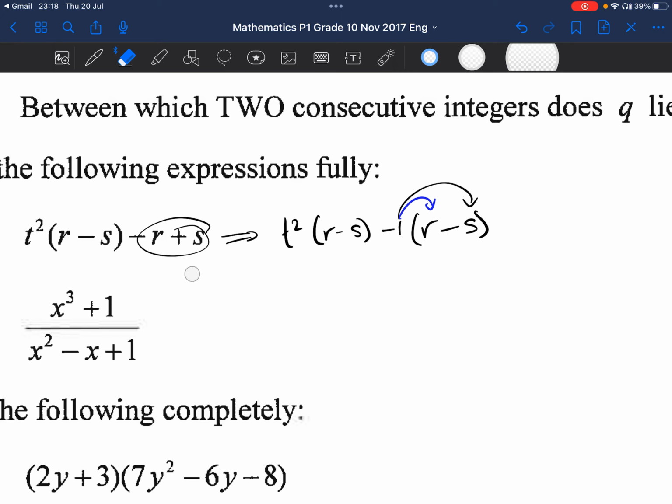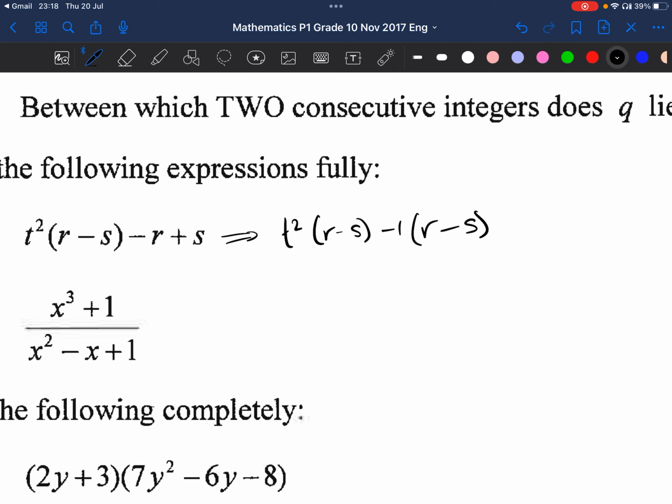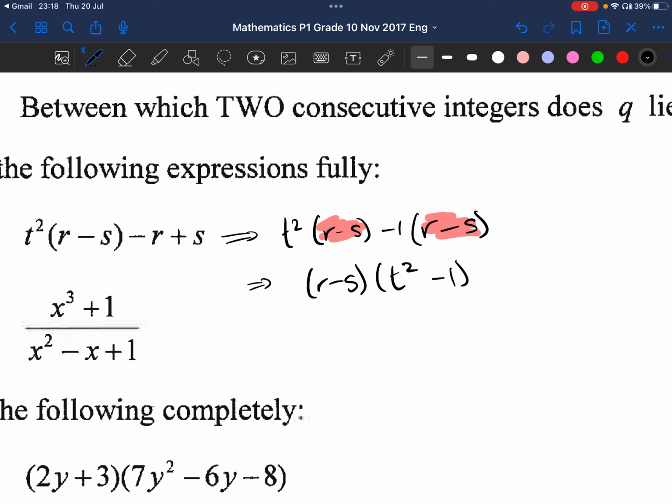Okay, so now that we have that written like that, you can see that we have a common factor. R minus s is common. So we can further factorize that now by taking out that r minus s. So we'll get that, and then t squared minus 1.